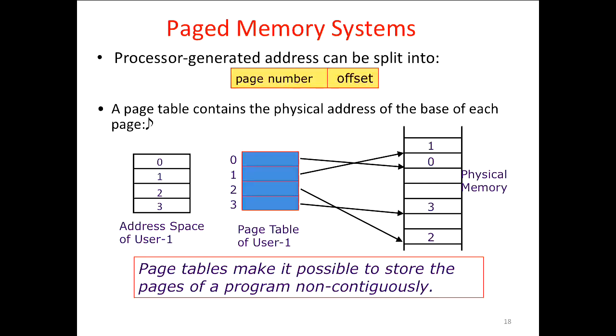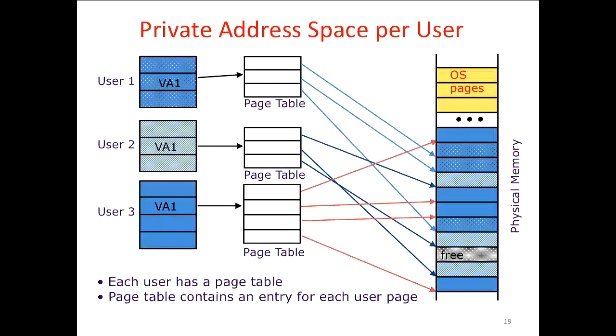For this virtual address range, where does it map to in this physical memory? That mapping is held in what's called a page table. And you have a separate one for every program that's running on the machine. So say you have, in this case, 3 users running different programs. Each one of them can have their own virtual address page 1.